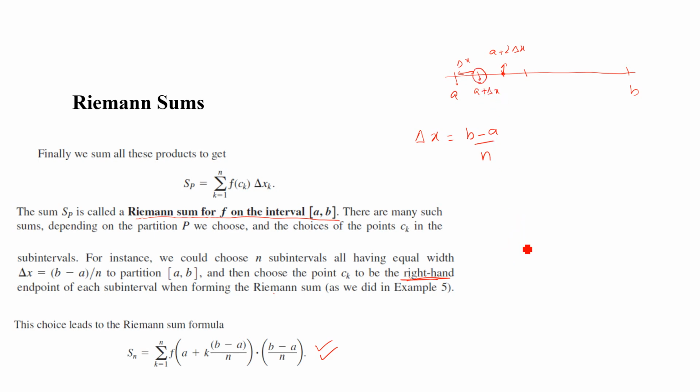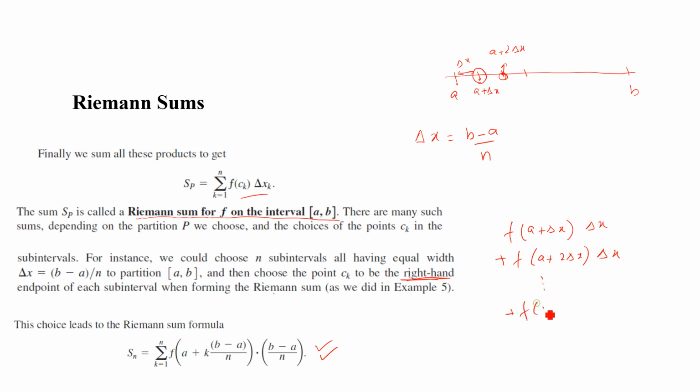So the area of the rectangle in this case, the product f of ck times delta xk, will be f of a plus delta x times delta x, plus, in the second interval, the right point is a plus 2 delta x, so this product becomes f of a plus 2 delta x times delta x, and so on.